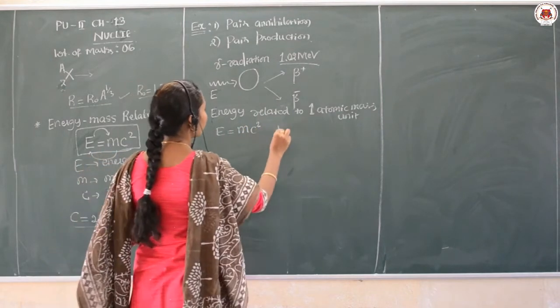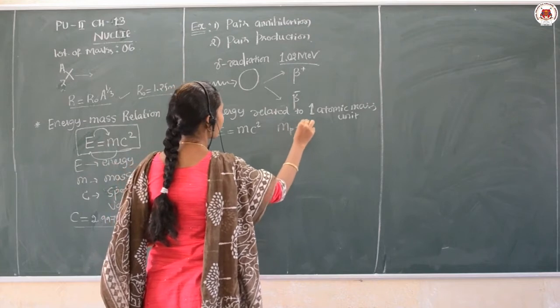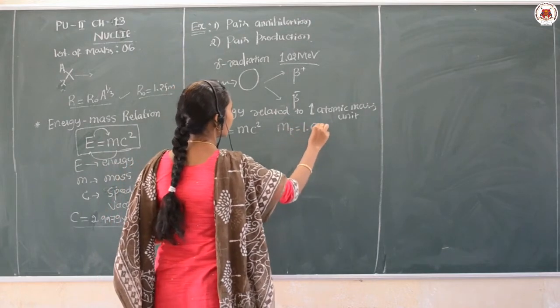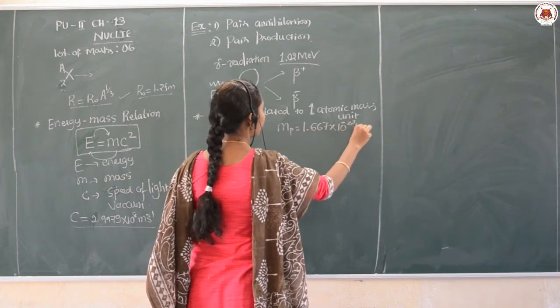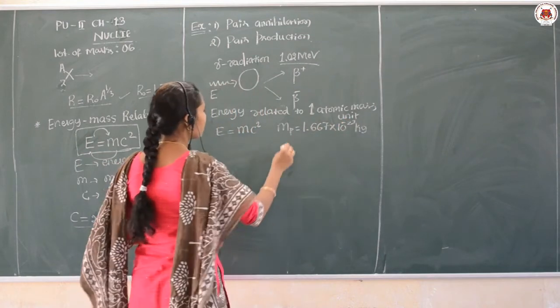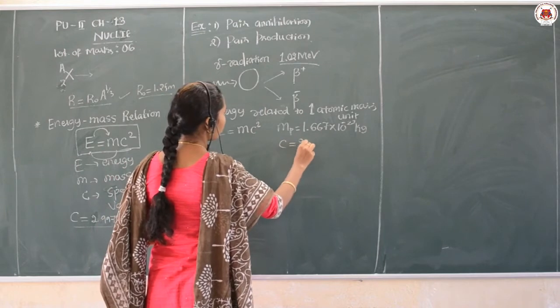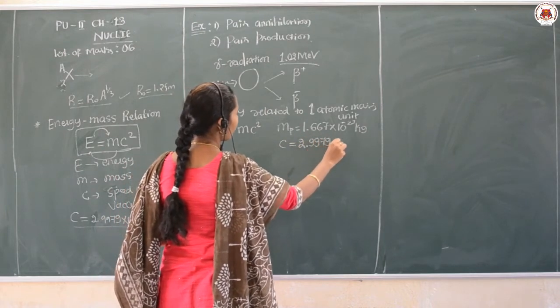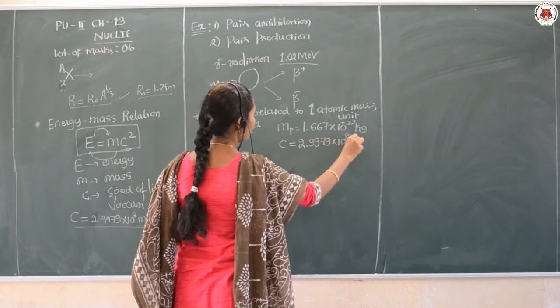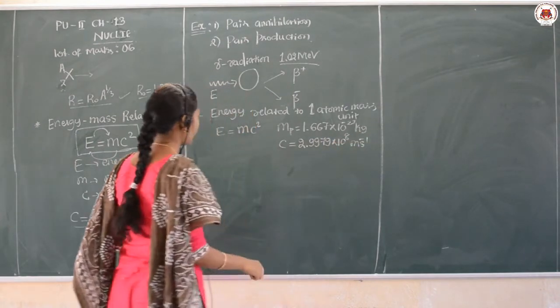Here the mass I can consider as 1.66 into 10 raised to minus 27 kg, and c is taken to be 2.9979 into 10 raised to 8 meter per second.